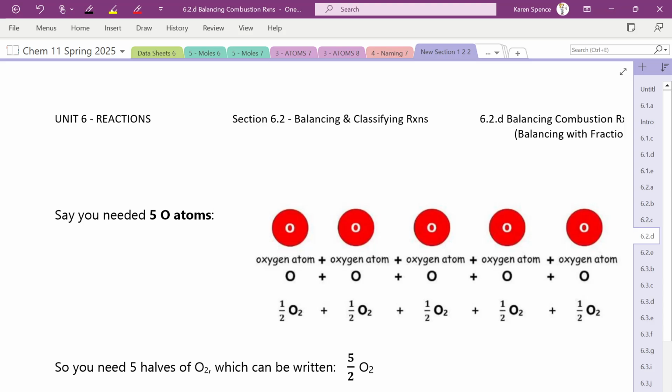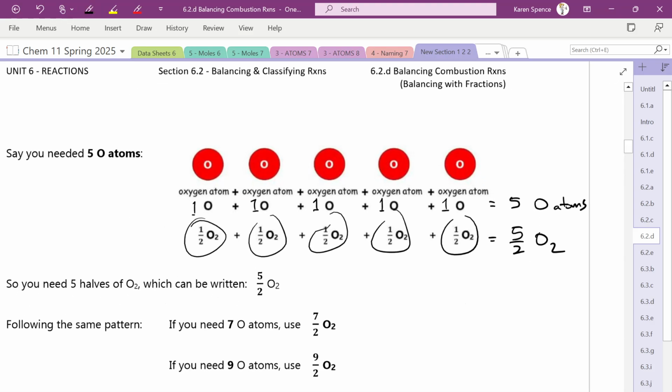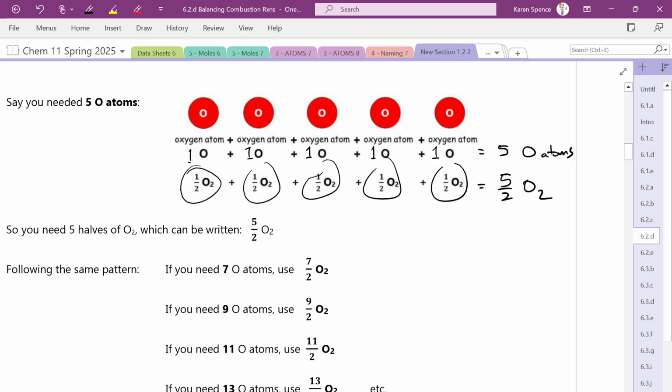So say you needed 5, you've got 1, 2, 3, 4, 5 halves O2, and you have 1, 2, 3, 4, 5 O atoms. Okay, and then I did not draw it for the 7, the 9, the 11, the 13.